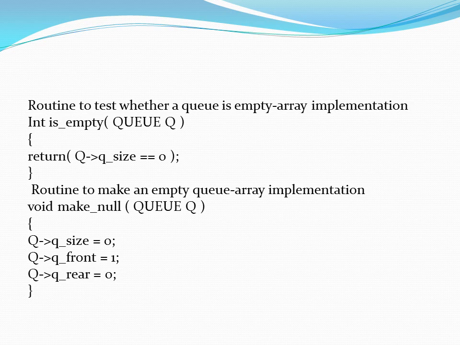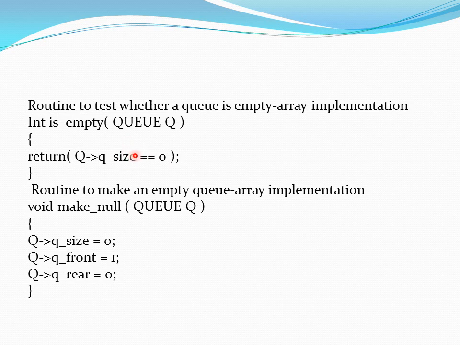Then, routine to test whether the queue is empty or not. The queue size holds the number of elements currently in the queue. So, IsEmpty of Q returns queue size equal to 0. If it is equal to 0, returns 1, otherwise returns 0.